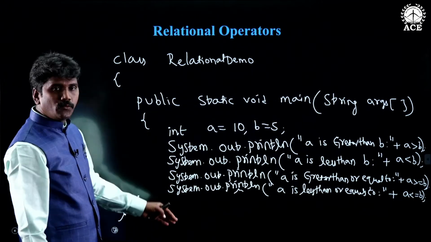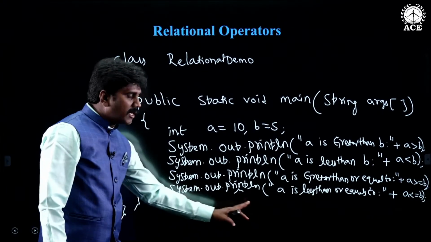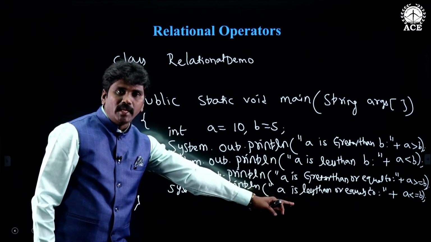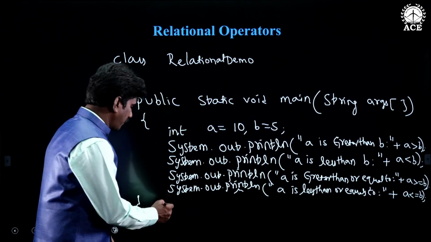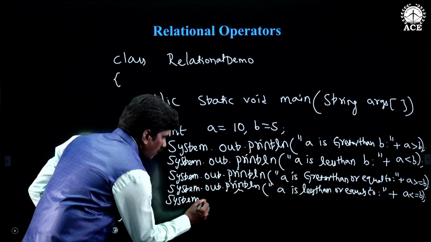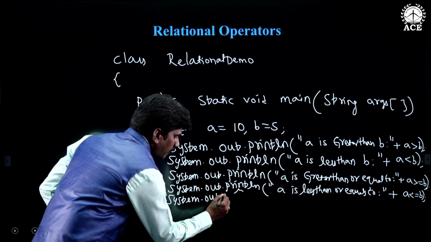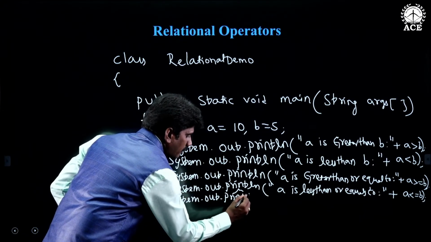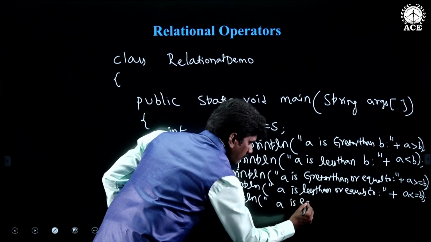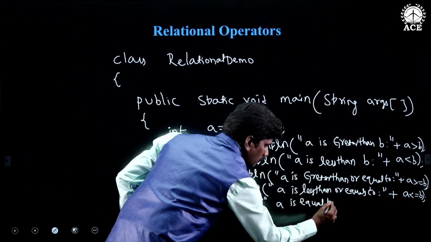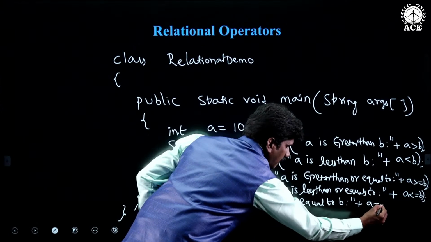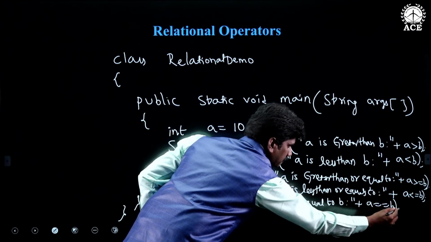So the remaining also we can write like System.out.println a is equal to b, a is not equal to b. Like that we can write the remaining statements: System.out.println "a is equal to b" plus a equal to b.